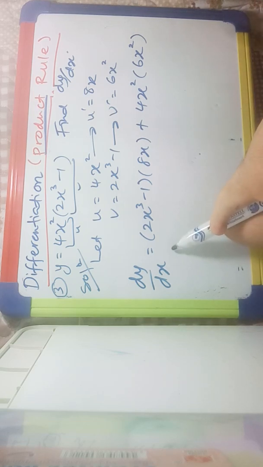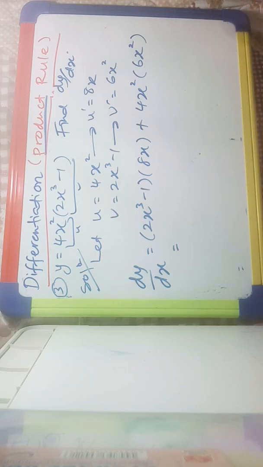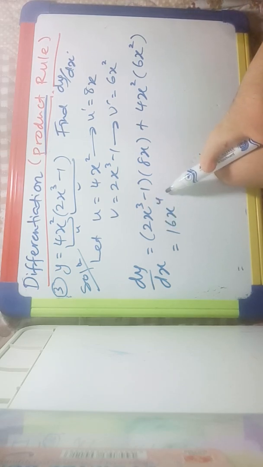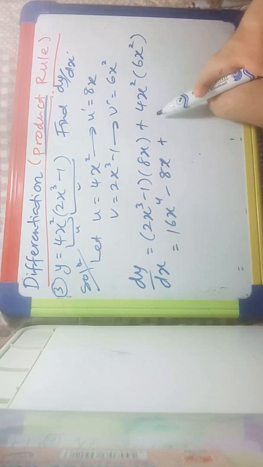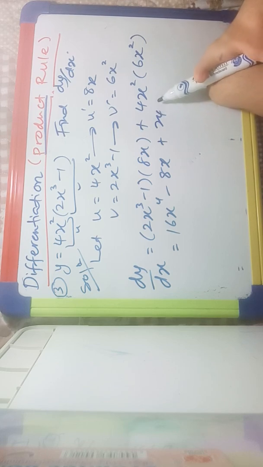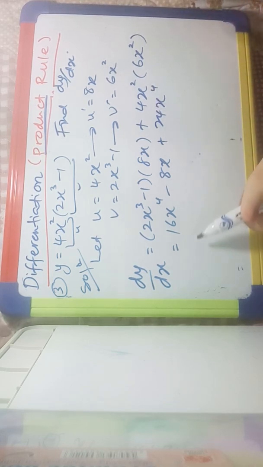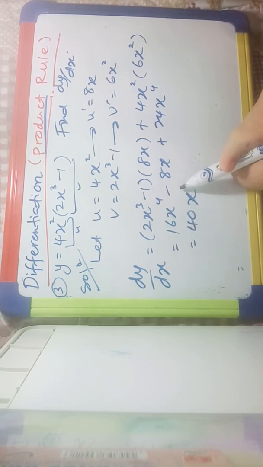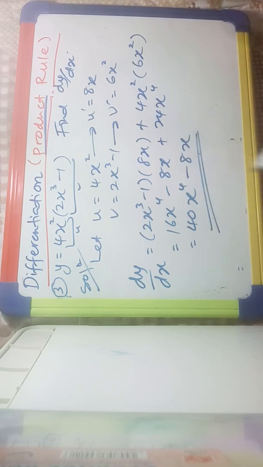Then simplify, how to simplify this one? You can just expand the bracket. So here you get 16x power 4 minus 8x plus 24x to the power of 4. So power 4 and power 4, you will get 40x power 4 minus 8x. So this is simple, easy.